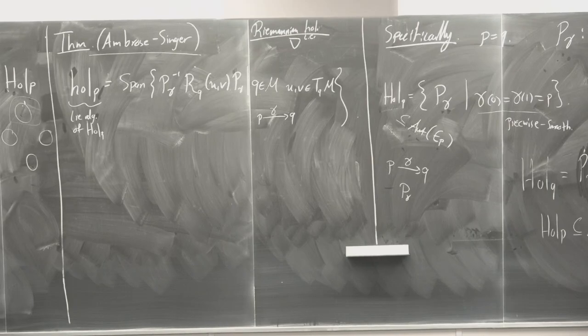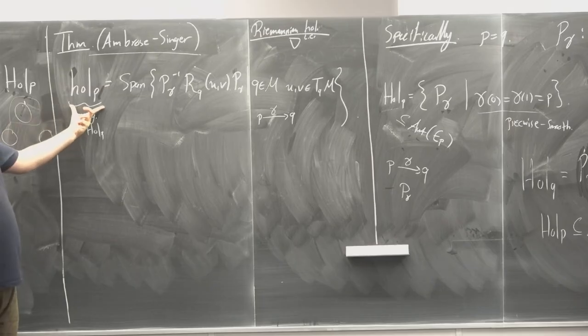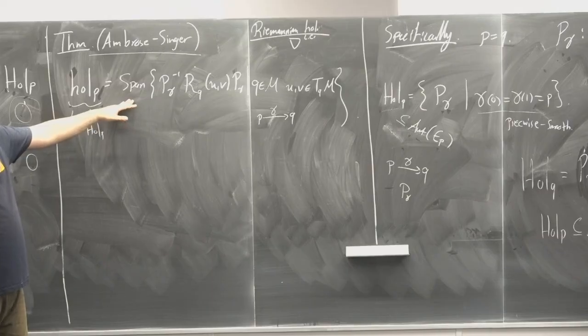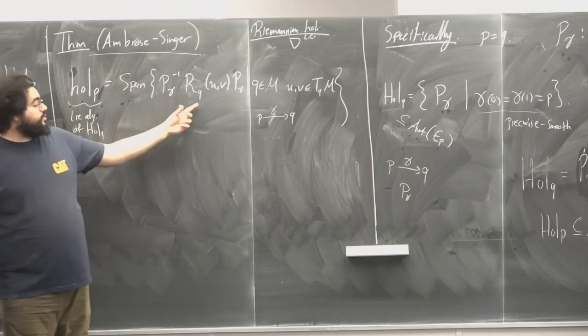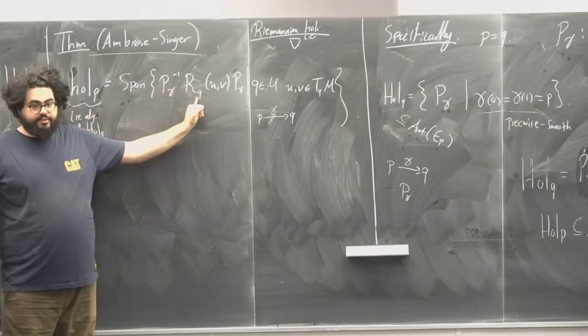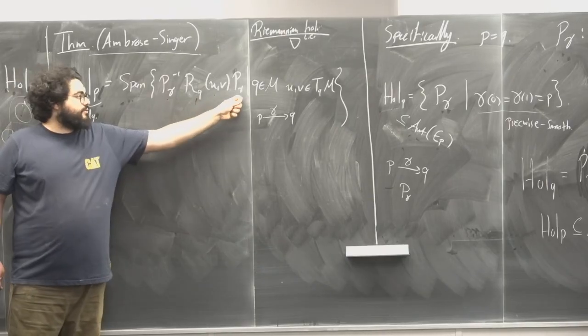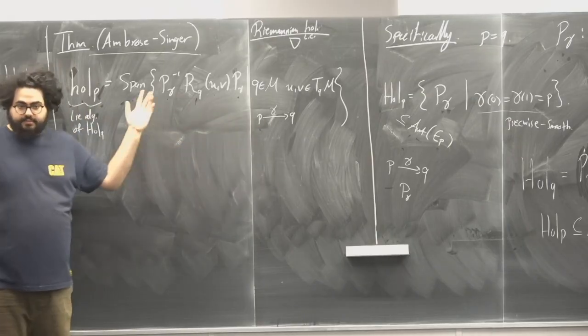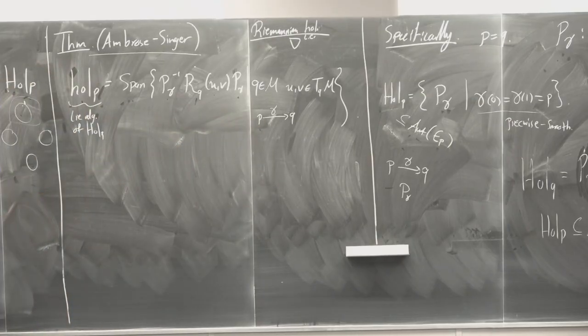So we said that Hol_P is a Lie group, and so therefore it has a Lie algebra. We're going to call that little hol_P, and the theorem by Ambrose and Singer is that essentially that Lie algebra is generated by the curvature tensor being transported around by any curve that transports some points around the manifold. Okay.